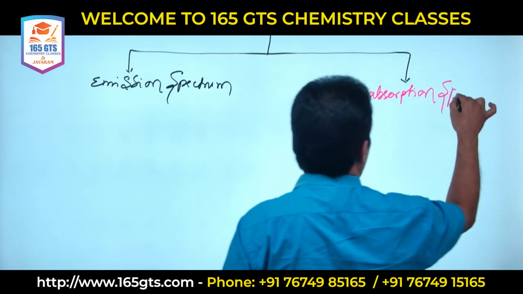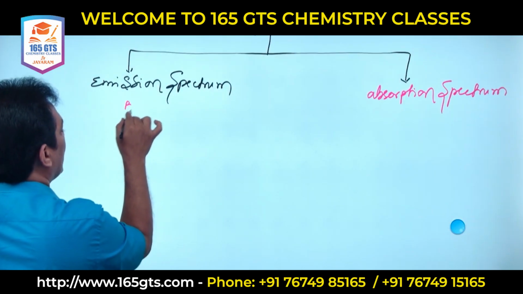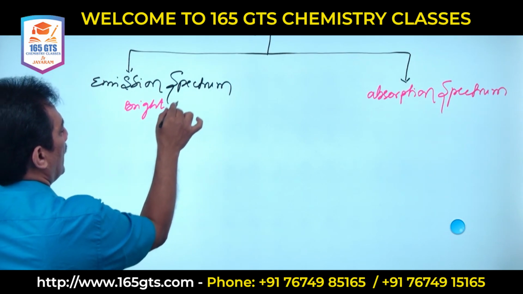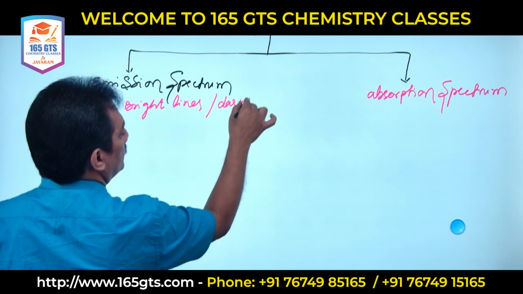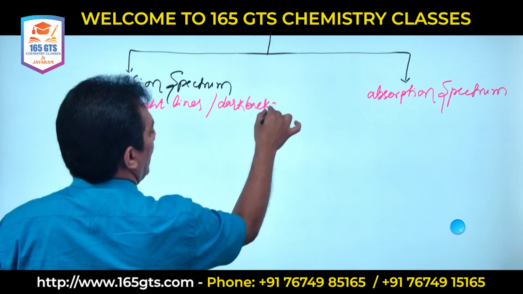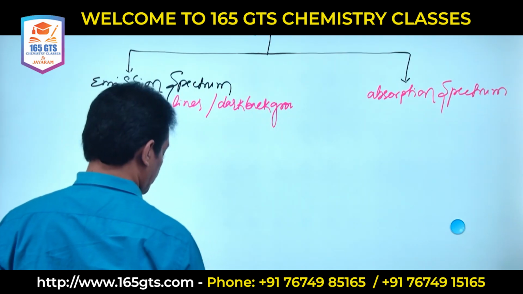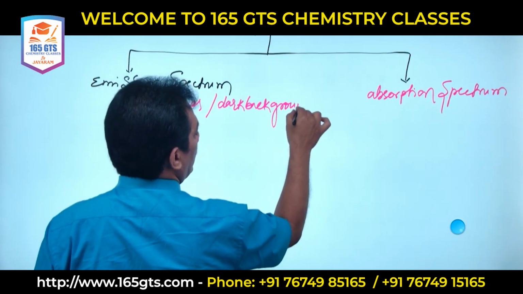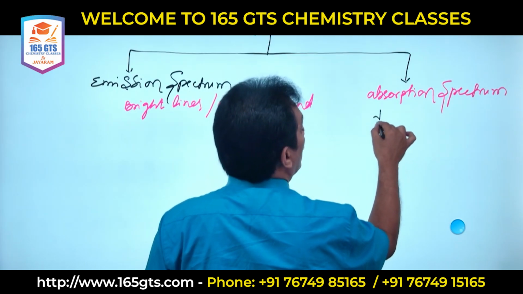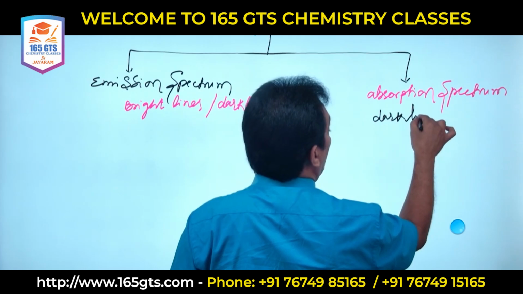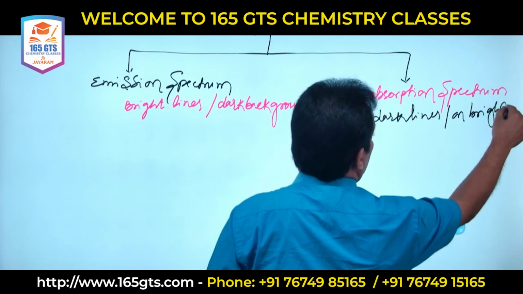And the difference between these two is majorly here bright lines are formed on dark background, whereas in case of absorption spectrum, dark lines are formed on bright background.